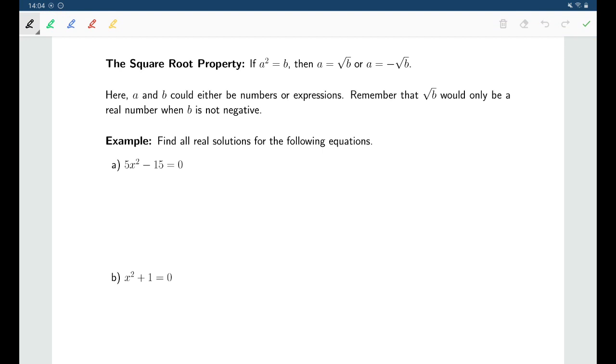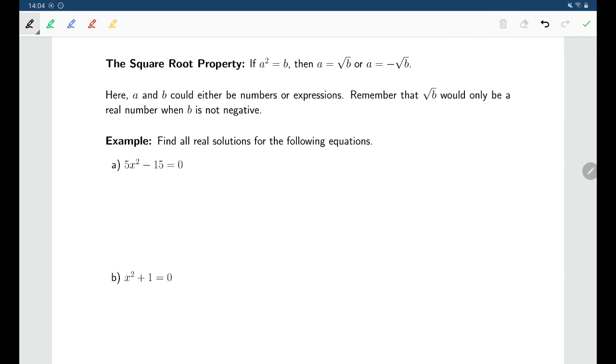So for example, if you knew that x squared were 9, there's two possible numbers that, when you square them, would give you 9. x could be positive 3 or x could be negative 3. In other words, x could be the positive root of 9 or x could be the negative root of 9.